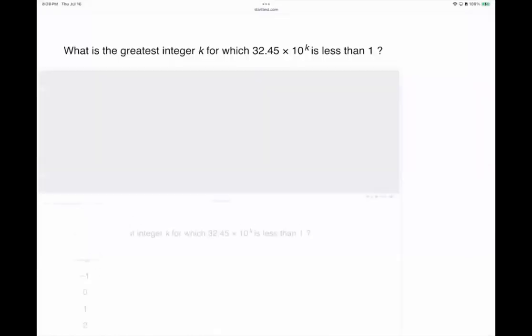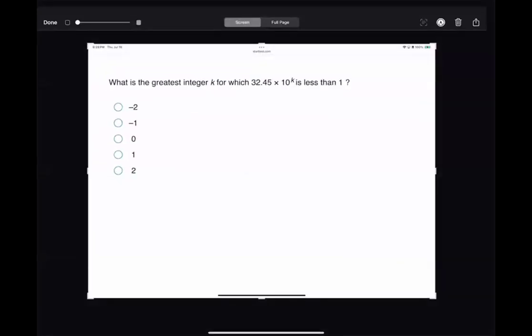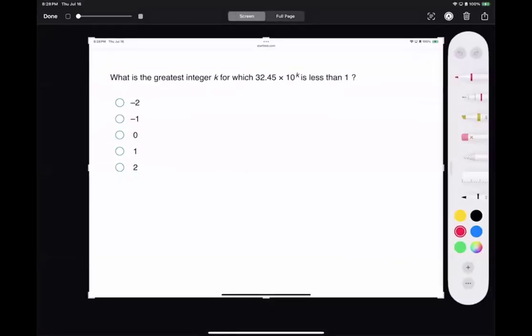Okay, look, guys. To be less than 1, I need to move the point here. In terms of 32.45 times 10 to the power k, what is the greatest integer? What I do is 10 to the power minus 2.